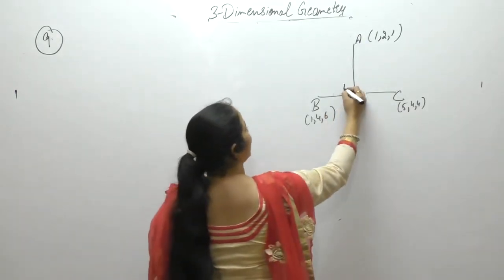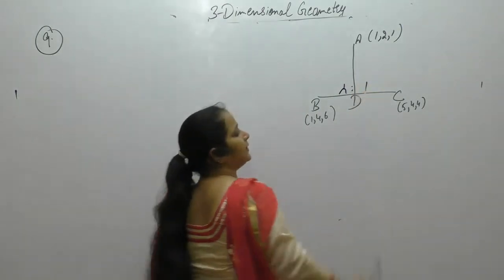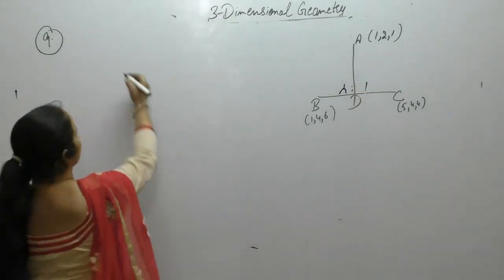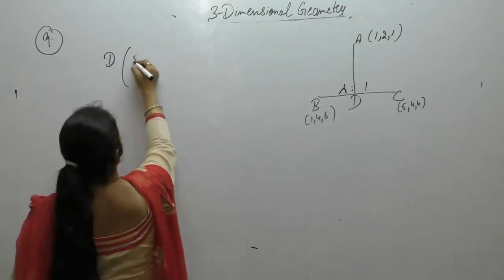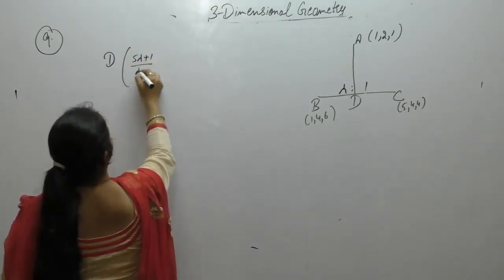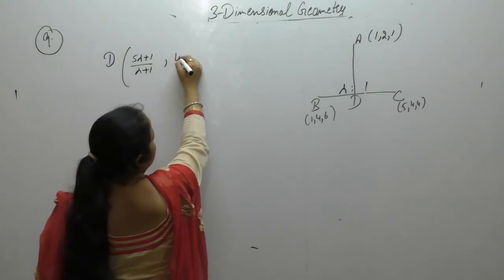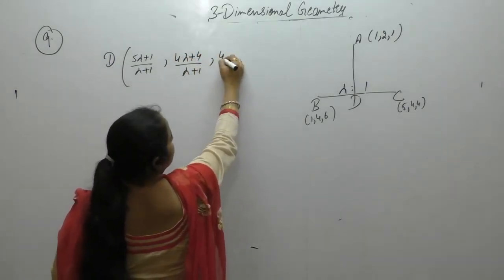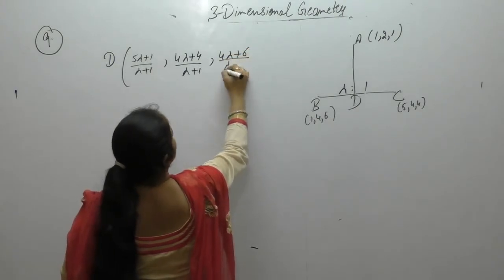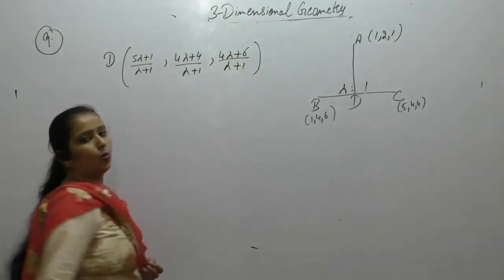Let D divides BC in the ratio λ:1. Then coordinates of D are 5 lambda plus 1 upon lambda plus 1, 4 lambda plus 4 upon lambda plus 1, 4 lambda plus 6 upon lambda plus 1.